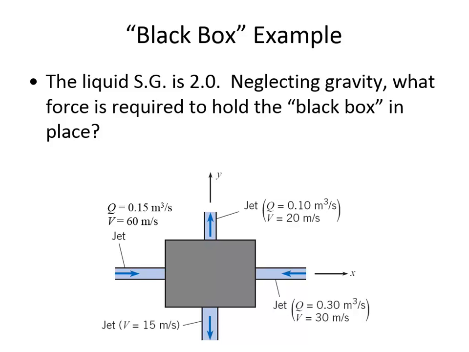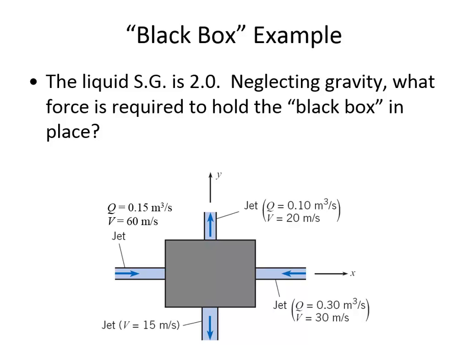And the velocities are already defined. So the force required to hold the system steady will be the mass flow rate out, but neither of them are mass flow rates out. So we have 0 here for the mass flow rate out. And there's more than one constituent of the mass flow rate in.